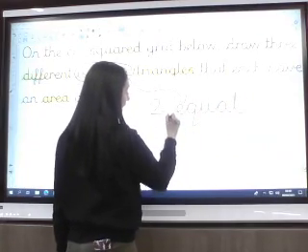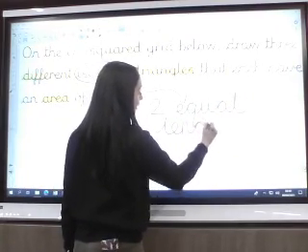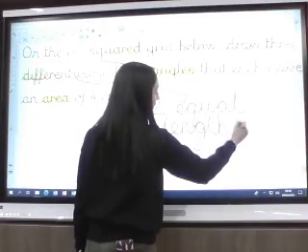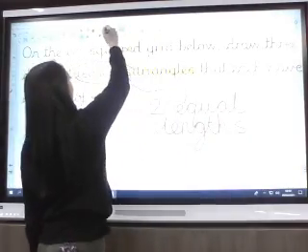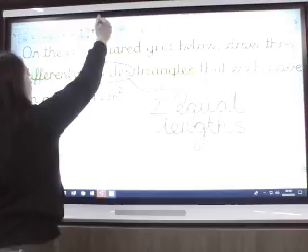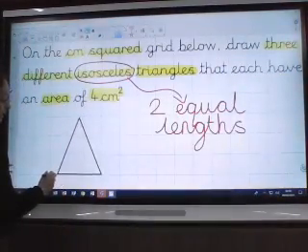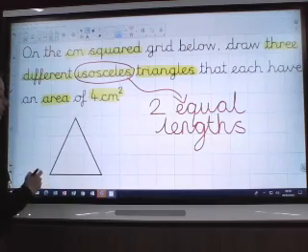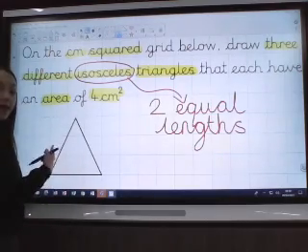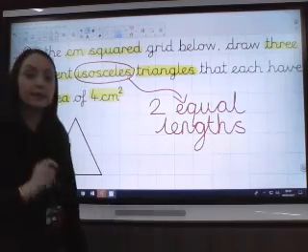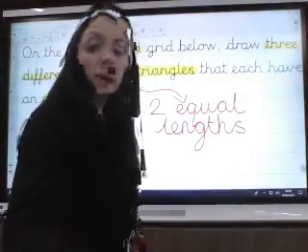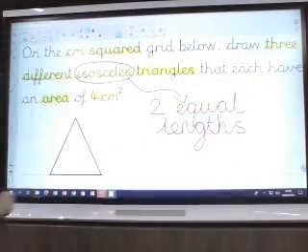So 2 of the sides in your triangle need to be the exact same length, like this kind of triangle. So those 2 lengths there are the exact same. It's got to have 2 lengths that are the same.